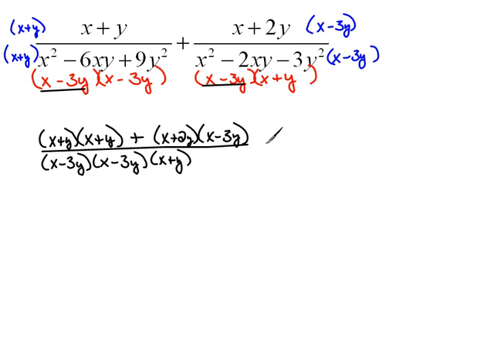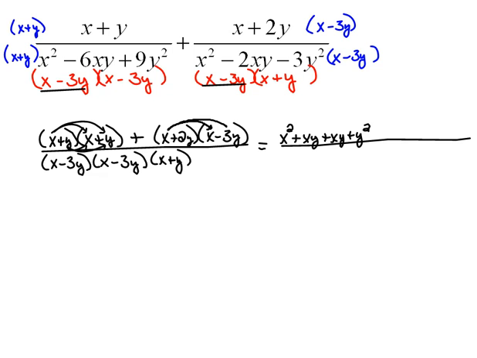Alright, now that we have this, let's start simplifying as much as we can. In order to do that, we're going to have to multiply everything out. So when we distribute here, we're going to have x squared plus xy, and then we're going to distribute our y. So that will be plus xy plus y squared. And now we're going to distribute here also.